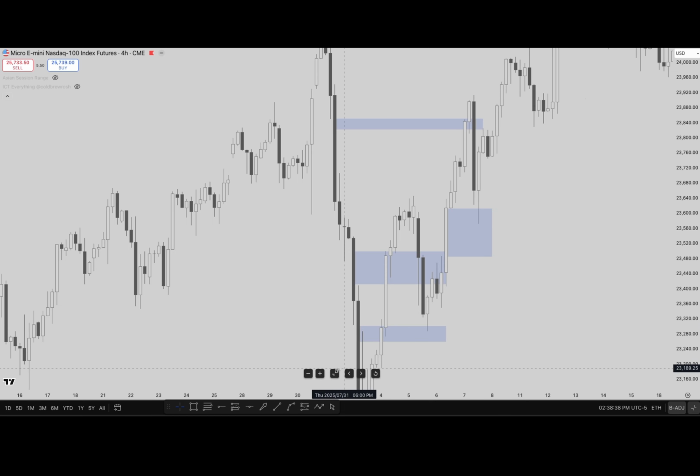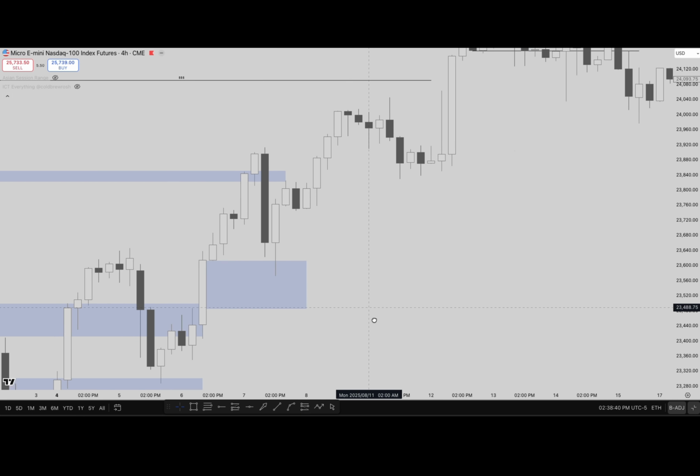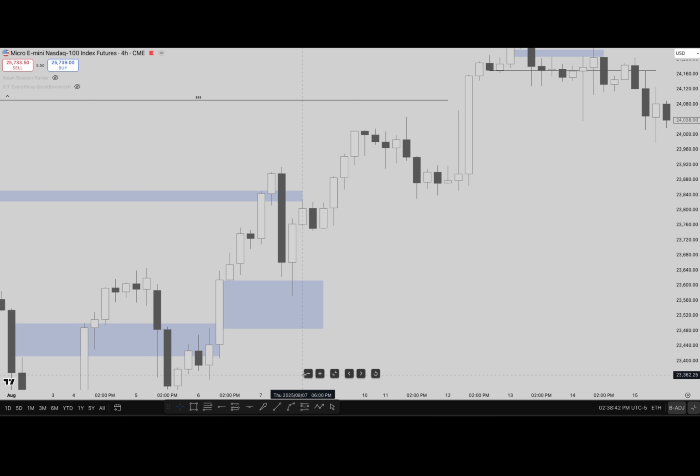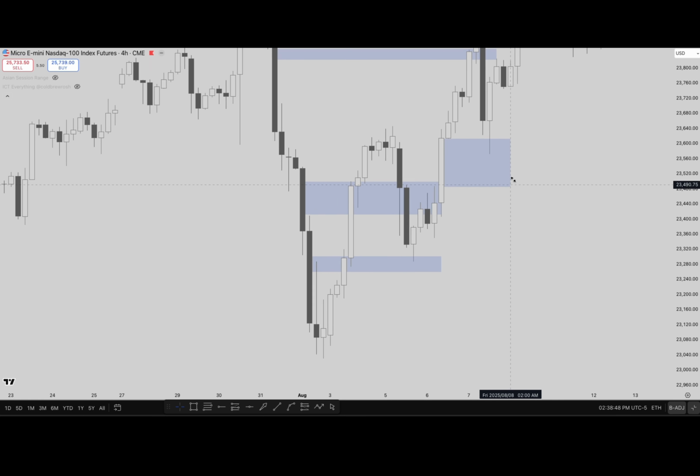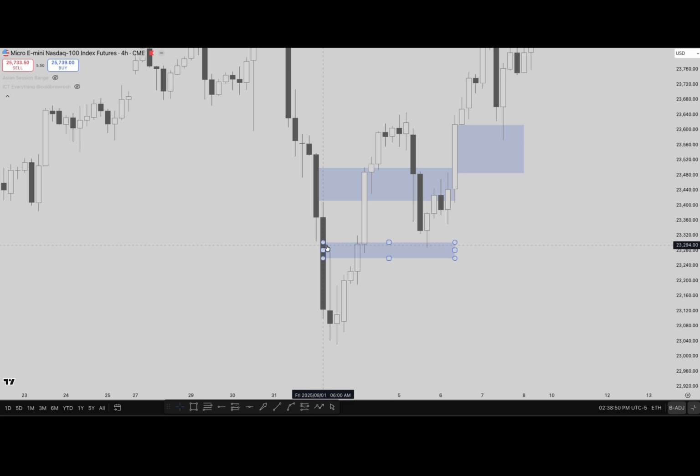Okay. And then we respect it and we go higher. So that's an example of a bullish respected fair value gap.